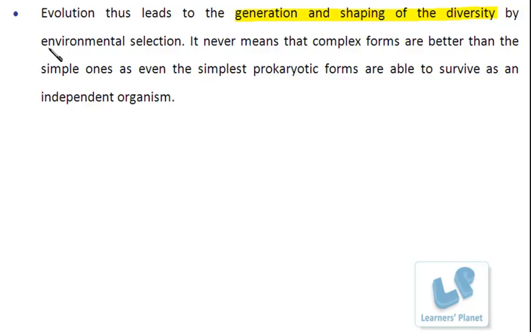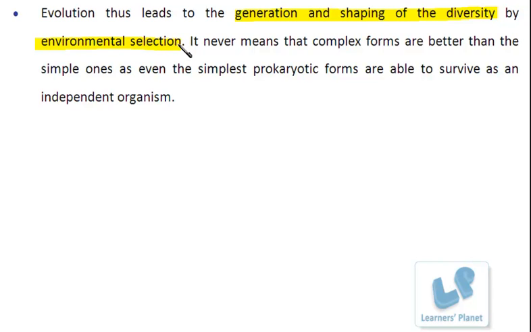And definitely in the existing conditions, the organisms which are able to adapt to the natural conditions will survive, the others will vanish away. So I can say that evolution leads to the generation and shaping of the diversity by environmental selection.